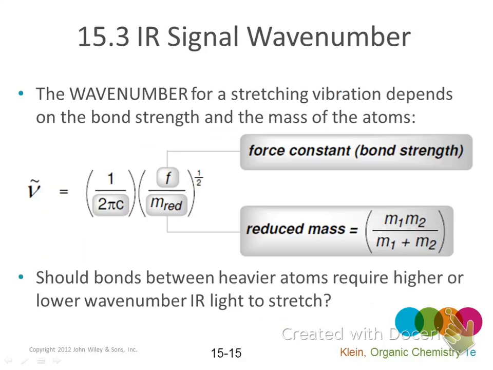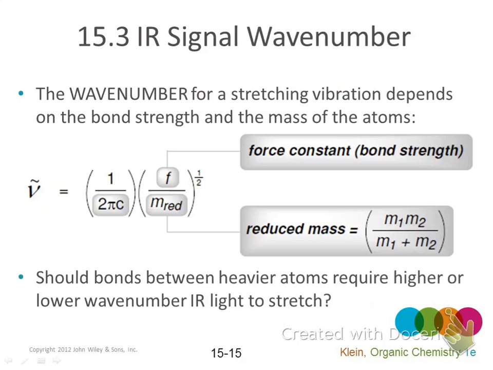Let's say I do C bonded to O. Okay, so, oops, I started that too high. That's going to be 12 times 16 divided by 28. And what does that come out to be?